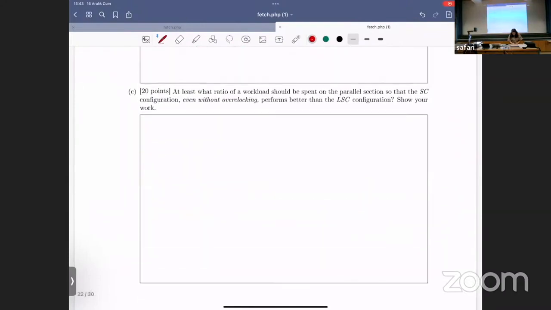Now let's see. The question is asking at least what ratio of a workload should be spent on the parallel section so that the SC configuration, even without overclocking, performs better than the LSC configuration. Show your work.